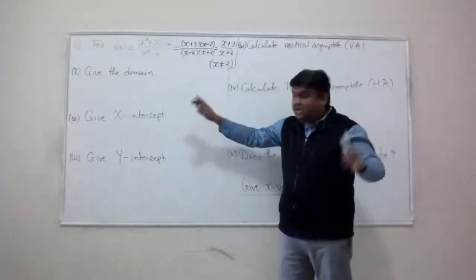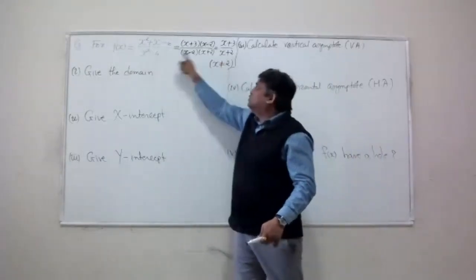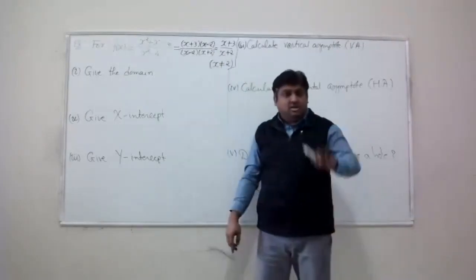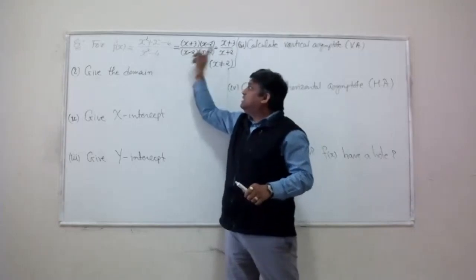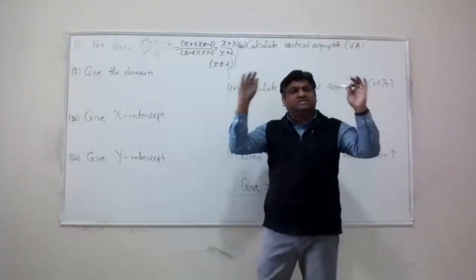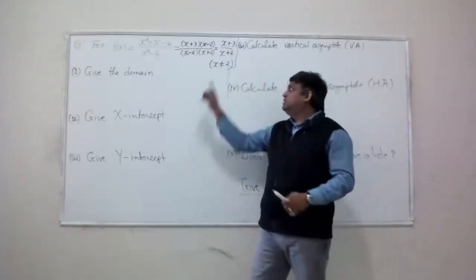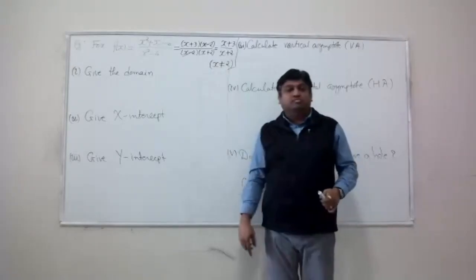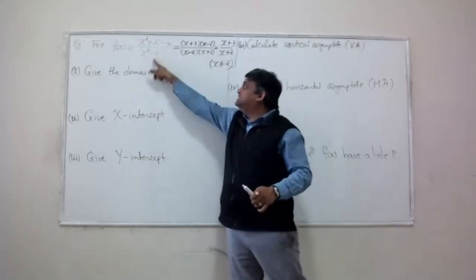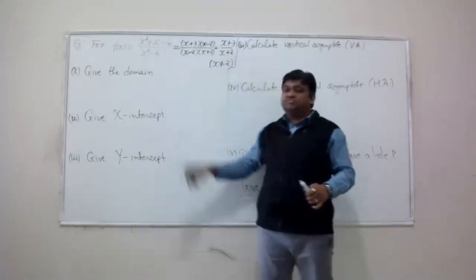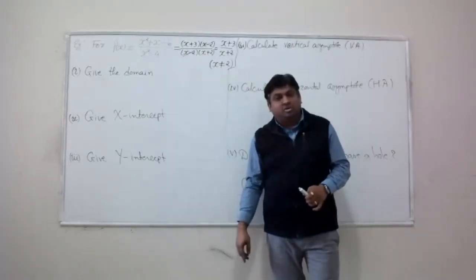Let me tell you how to interpret these two expressions. I am saying that these two functions are exactly the same except at input 2. Again, these two functions are exactly the same except for x equal to 2.